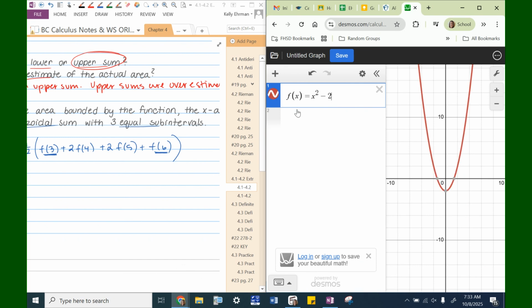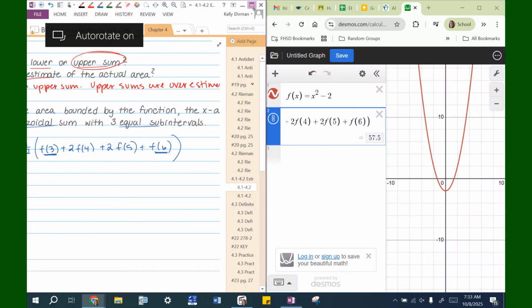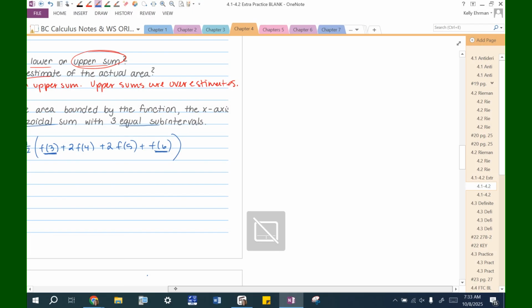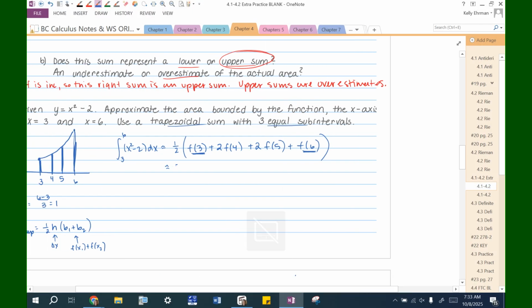All right, and then we have 1/2 f of 3 plus 2 f of 4 plus 2 f of 5 plus f of 6. 57.5 is our approximation.